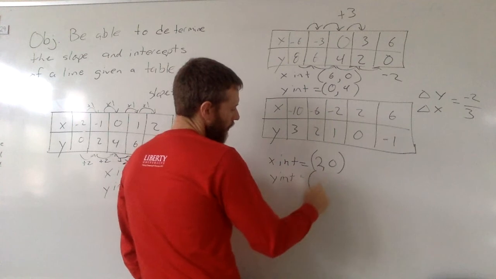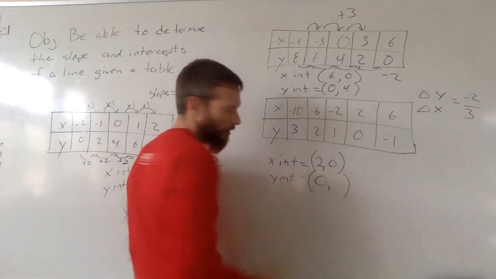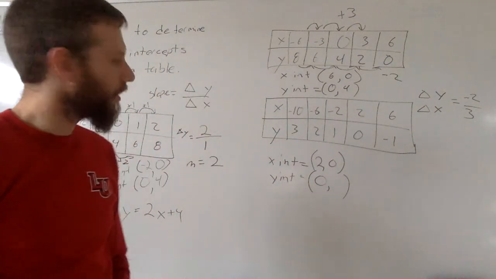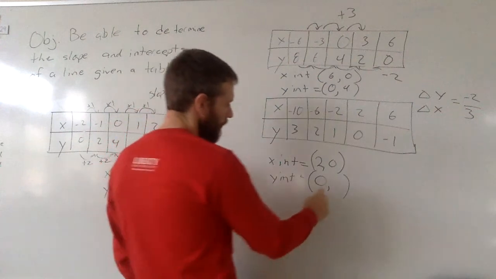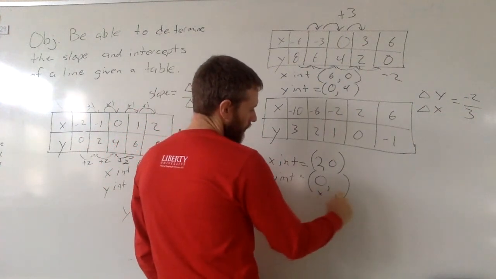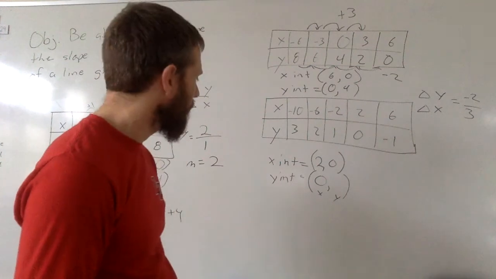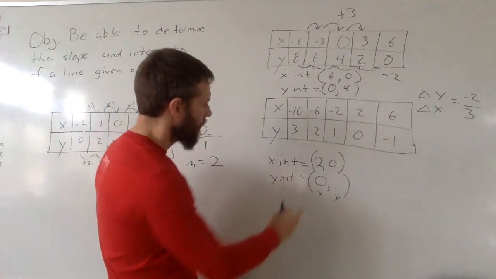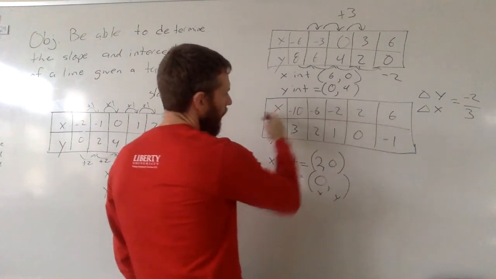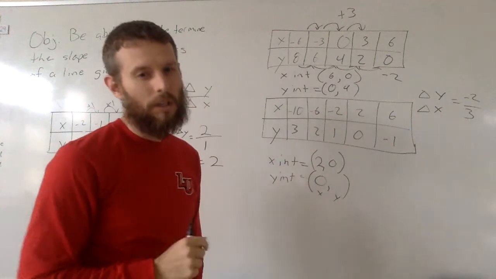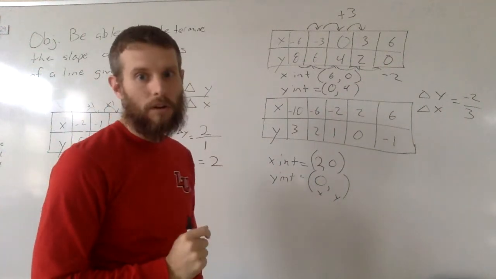We do know that the y-intercept is where x is 0. It's 0 comma something, x comma y. We don't know what, because there's no 0 for x in this table. But we can figure out what it is rather easily.